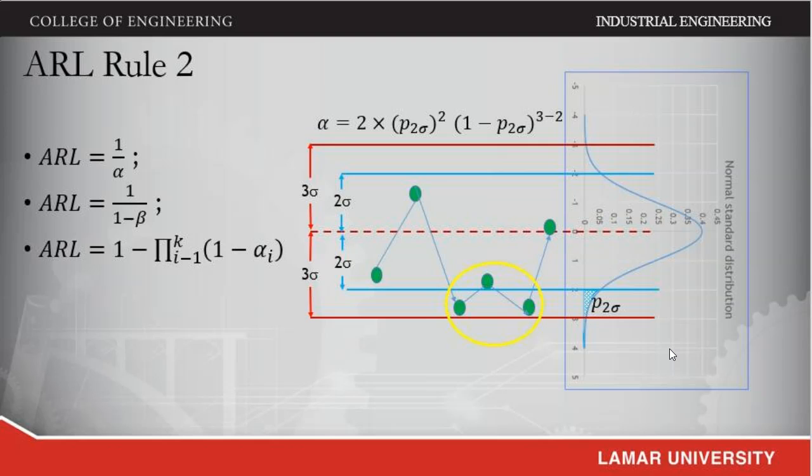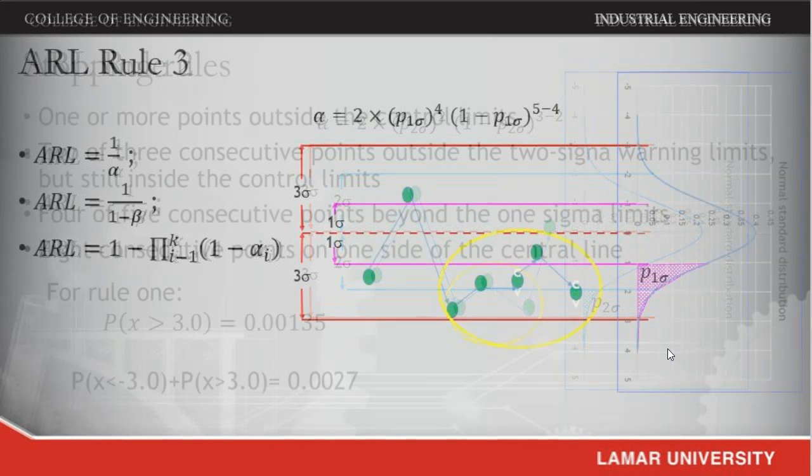Now you multiply that number times 2, because this could happen in the upper side or the bottom side. That would be alpha, and 1 over alpha would be the average run length.